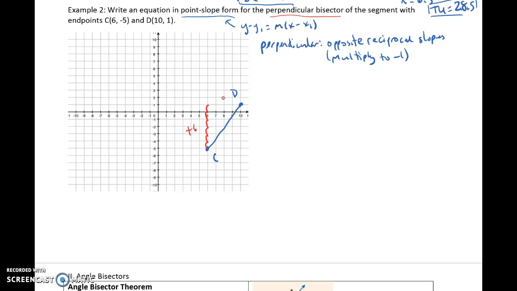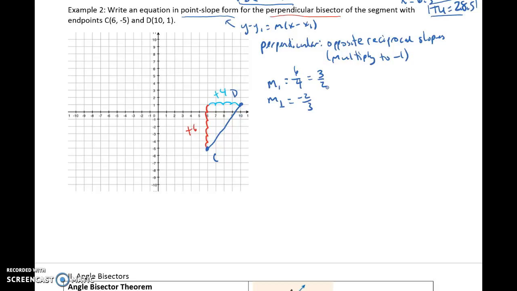So positive 6, and my run is 1, 2, 3, 4, positive 4. So that gives me a slope. My first slope, I'm going to call that M1, is 6 over 4, which reduces down to 3 over 2. Then my perpendicular slope should be -2/3 because multiplied together they equal -1.